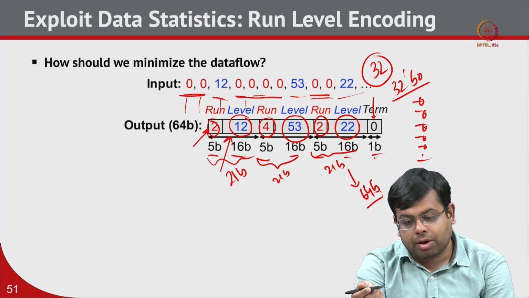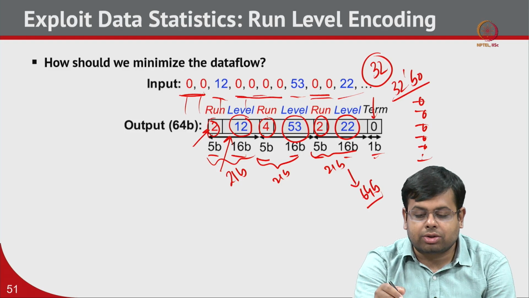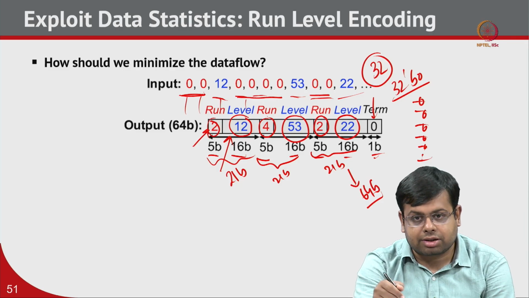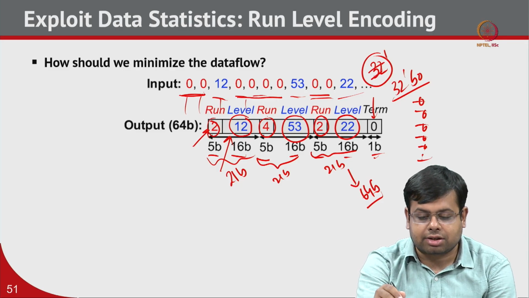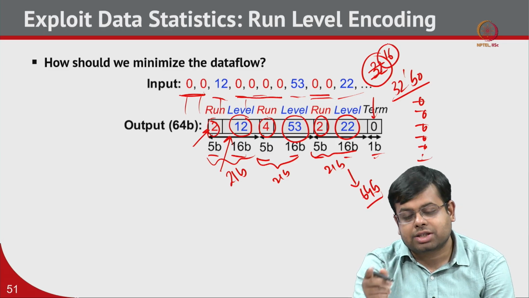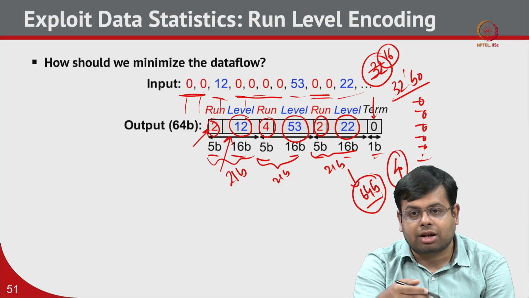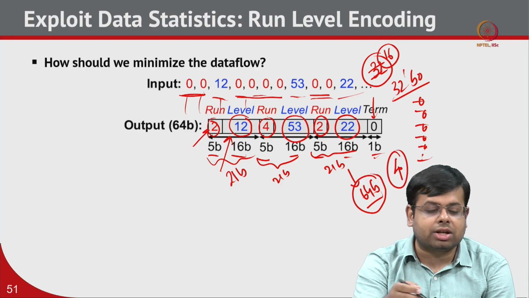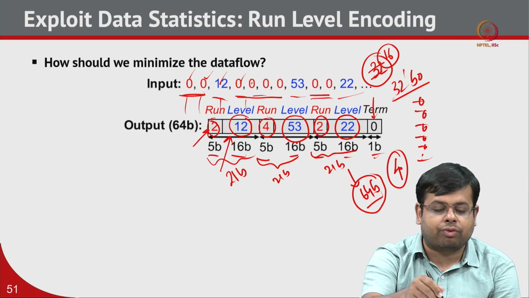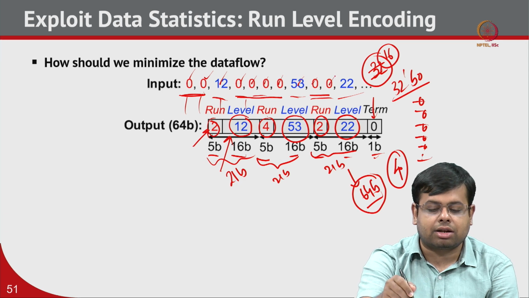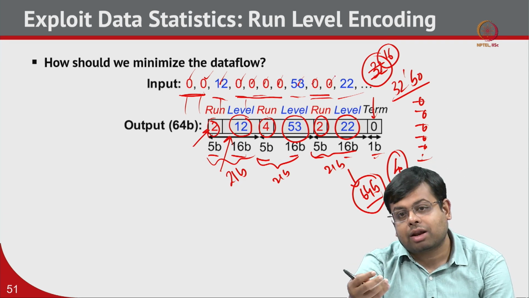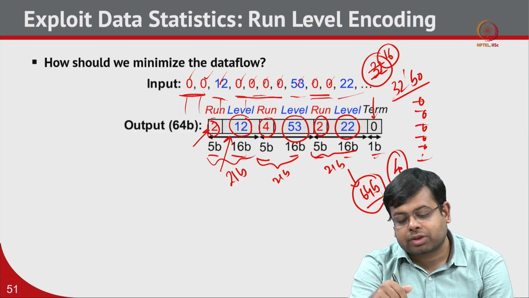I just told you 32 bits, but they are not representing the values in 32 bits, they are representing them in 16 bits. So with 16 bit representation, in 64 bits we can only have 4 values. But with this run level coding, we actually have 1 2 3 4 5 6 7 8 9 10 11 values. So we can pack 11 values in 64 bits with this optimization.